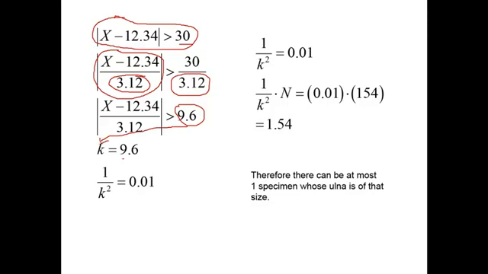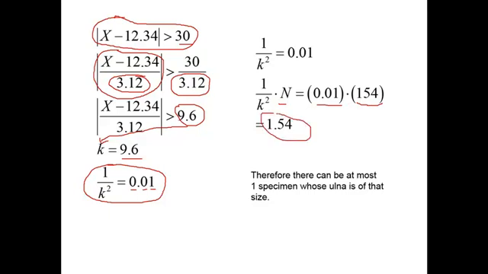So k is equal to 1.96 and 1 over k squared is equal to 0.01. I take this 0.01, the 1 over k squared, and multiply it times n. So we have 1% of the data times the number of data items.